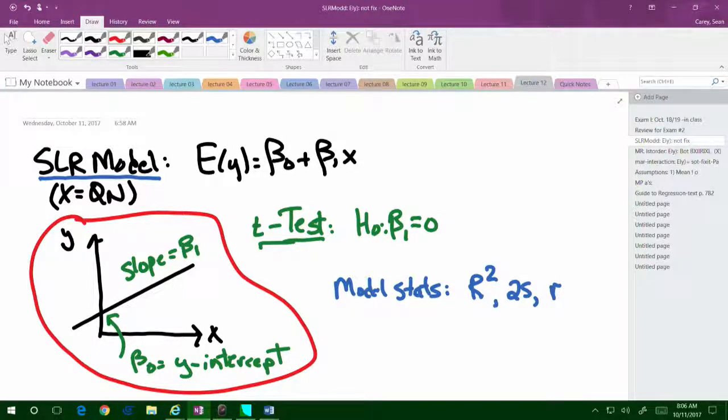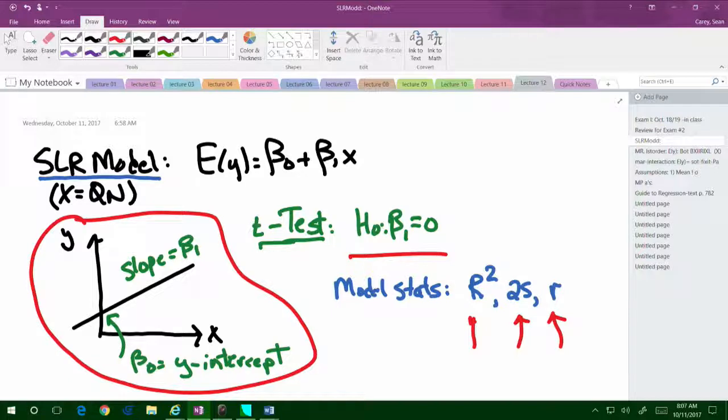So we conduct a t-test on that beta. And then, remember, there's also some model-based statistics that help you evaluate the model even further from a practical standpoint. And in simple linear regression, we talked about 3 of those: the R-squared statistic, twice the standard deviation, and also the correlation coefficient.